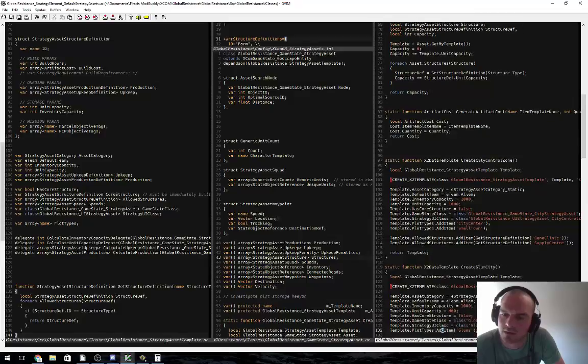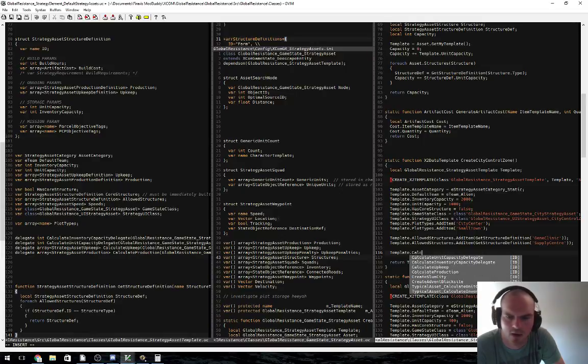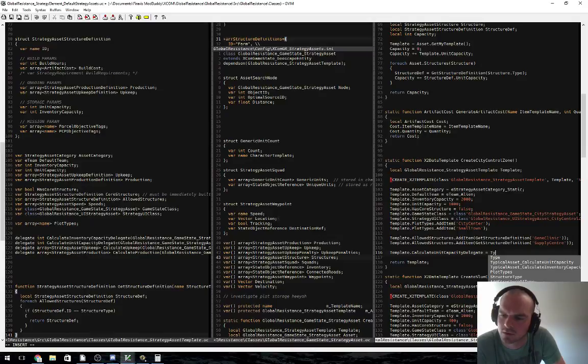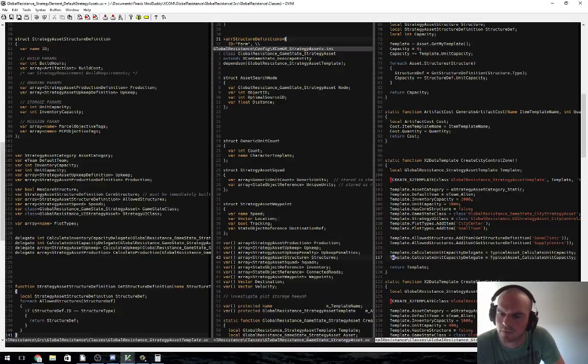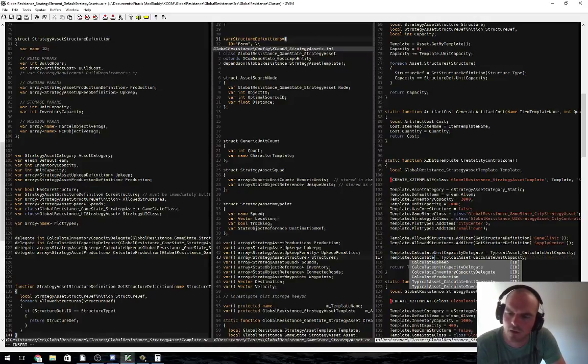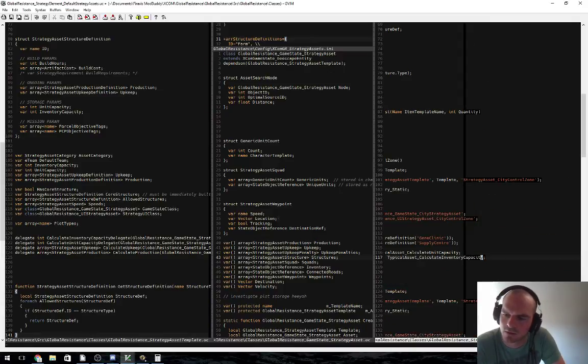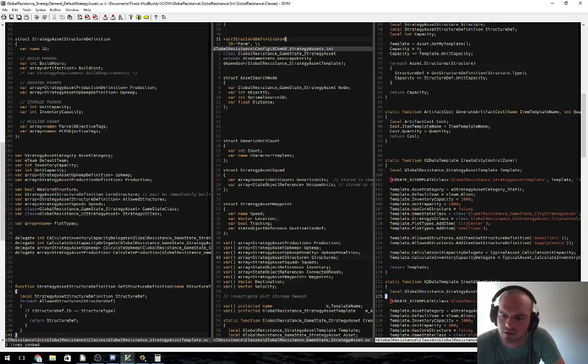So the way we're going to test it is we're going to go templates dot calculate unit capacity delegate equals typical asset calculate unit capacity, and then we're going to do the same for inventory capacity, calculate inventory capacity, and we're going to do the same for pretty much every template for now.